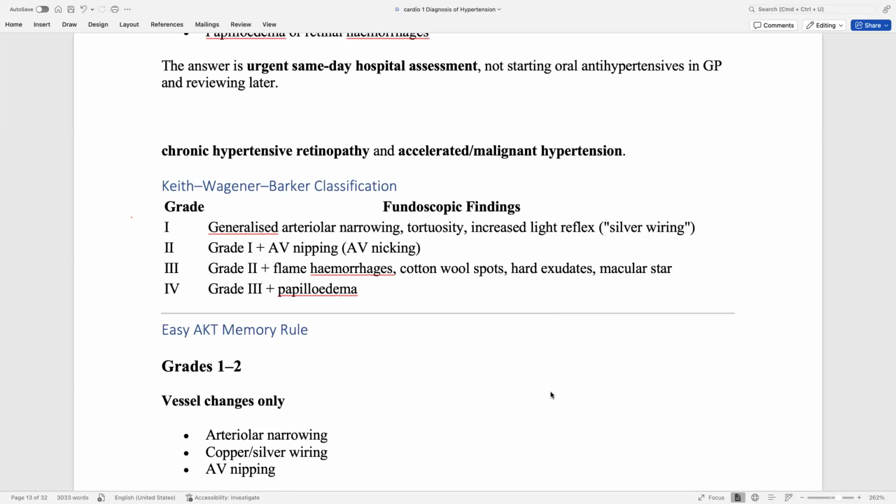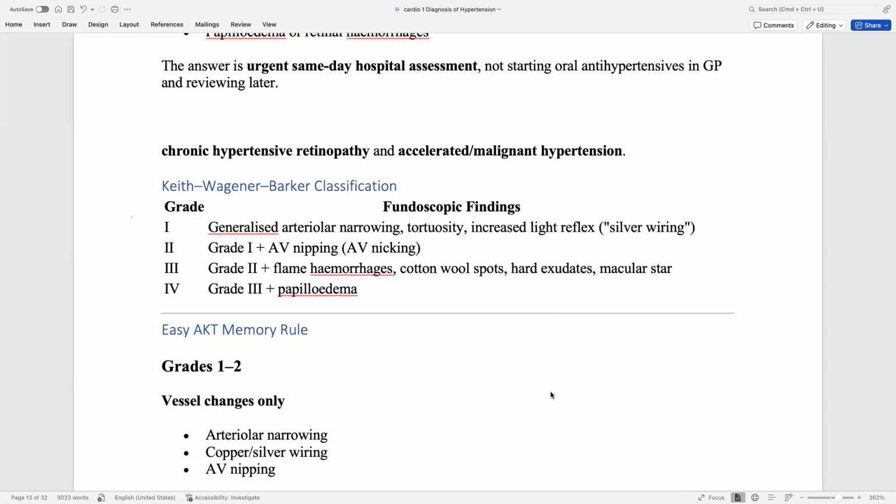either in the form of silver wiring. That means the wall of the retinal artery became stiff, like it has been coated. That is silver wiring. There is a coat on the periphery of the artery because of high pressure.